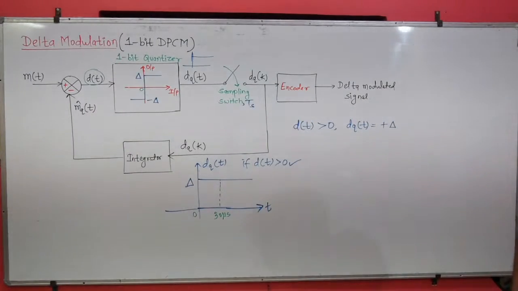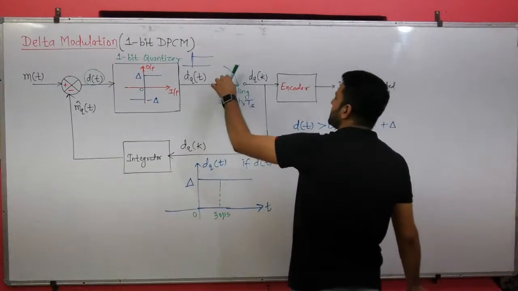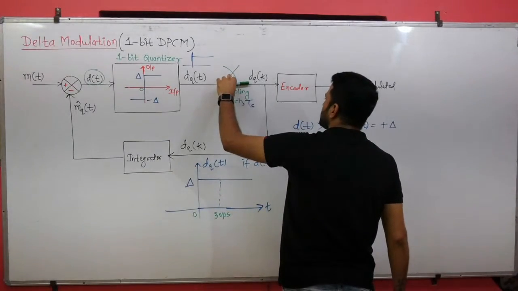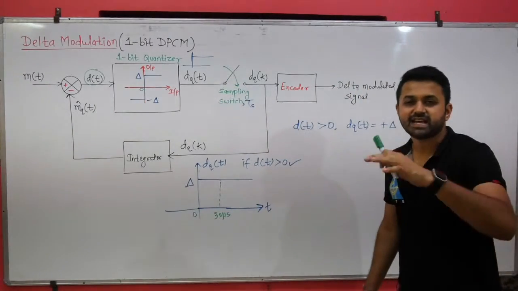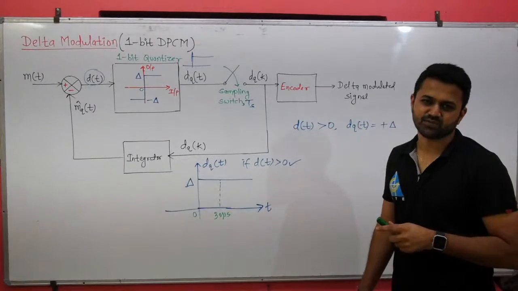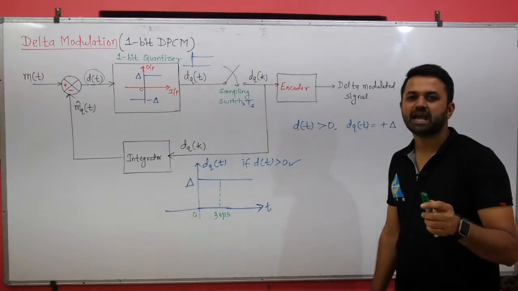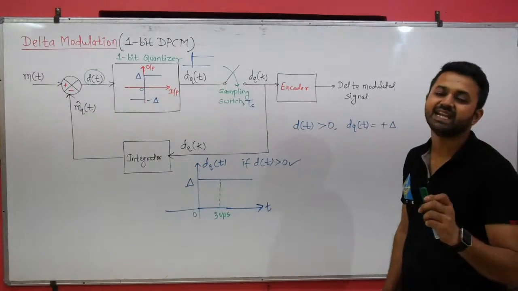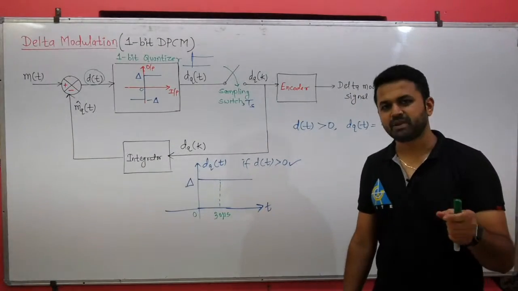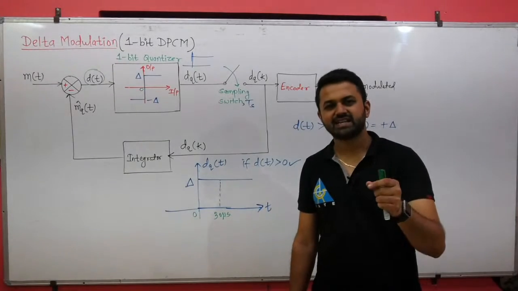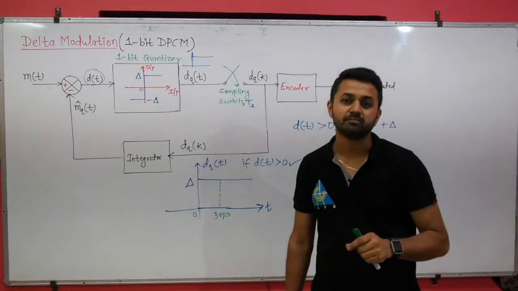Yes, what will we do? We will close the switch, and when we close the switch we instantaneously open it, because the type of sampling we are doing is ideal sampling or instantaneous sampling, and in sampling we discussed that ideal sampling means we should get some impulse.